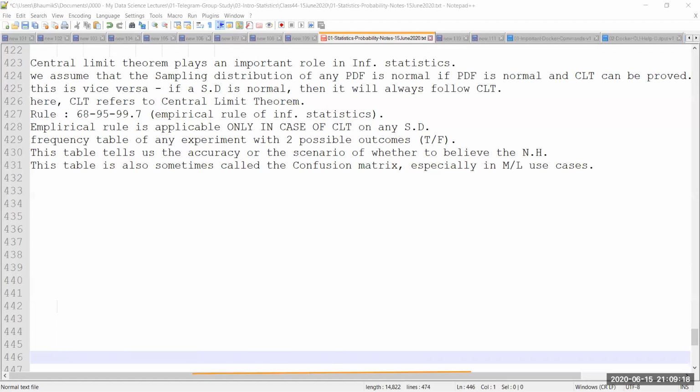So if I draw a sampling distribution, I'm sorry, let me just take a curve. So if I am drawing a sampling distribution, which is something like this, and obviously this is going to follow the CLT, so this is the mean. And let's say I have some value which is appearing over here. I have some critical value which is happening over here.